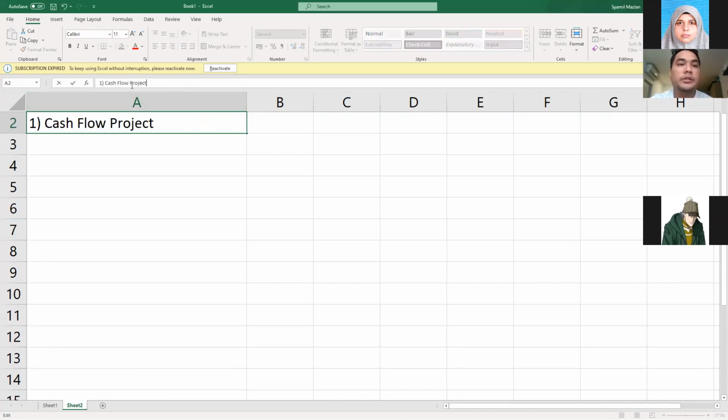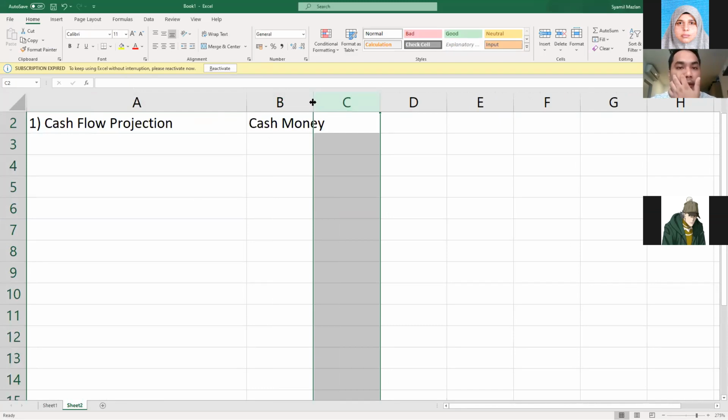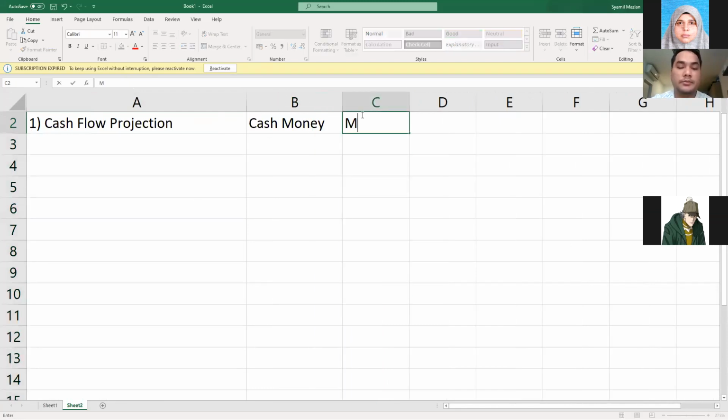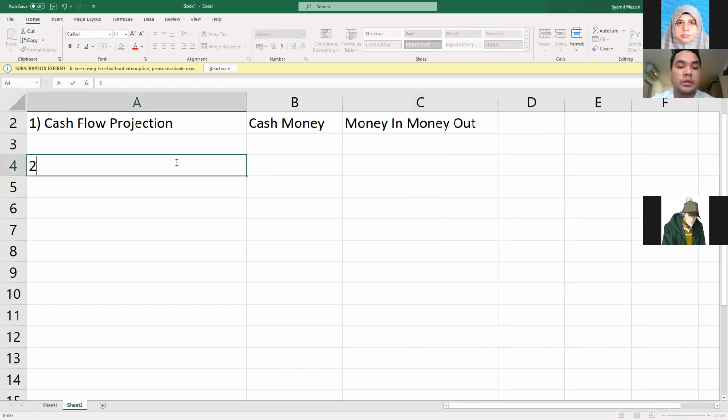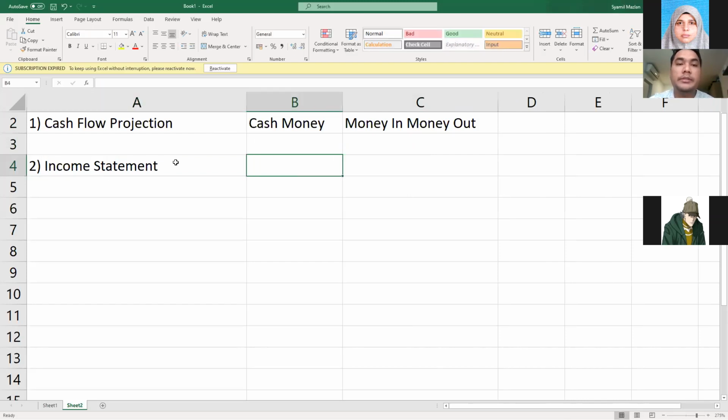Cash flow projection comes from your cash money, where the money comes in and the money goes out. Next thing that we want to see is what we call the income statement. What is the income statement? Income statement is to see the profitability of the business.